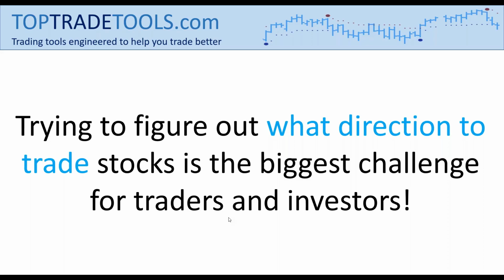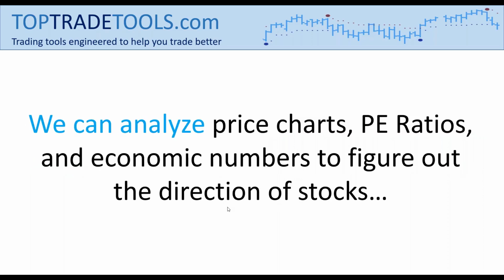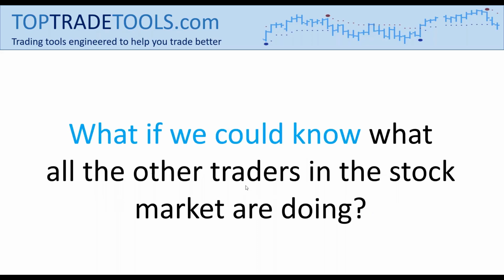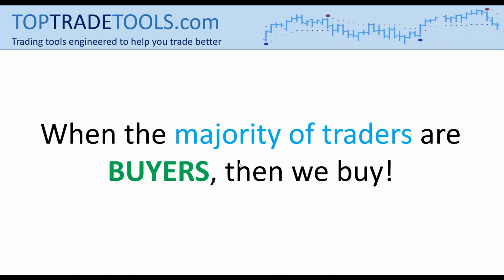Trying to figure out what direction to trade stocks is one of the biggest challenges for traders and investors. We can analyze price charts, PE ratios, and economic numbers to figure out the direction of stocks. For traders, making money in stocks is about finding the hidden clues to give us an edge over the markets. And this poses the question, what if we could know what all the other traders in the stock market are doing, outside of our own charts?